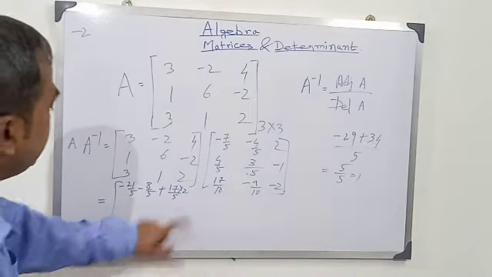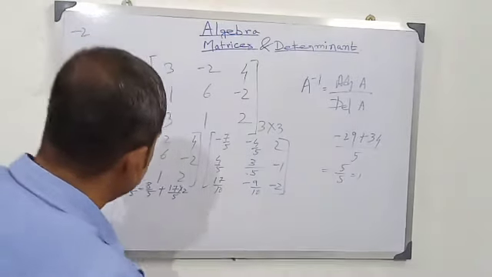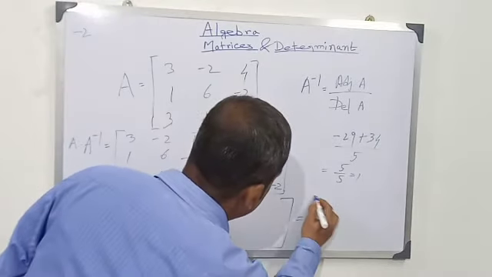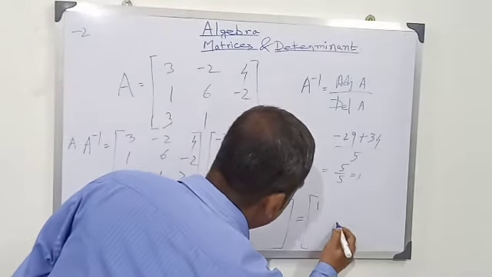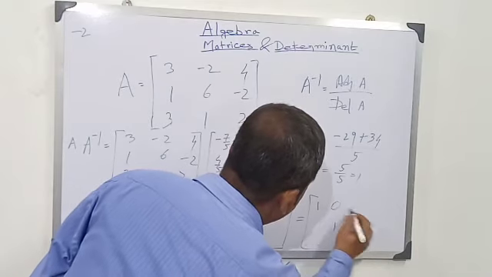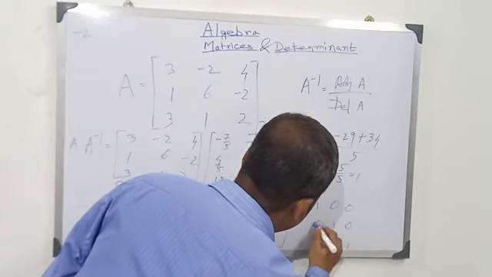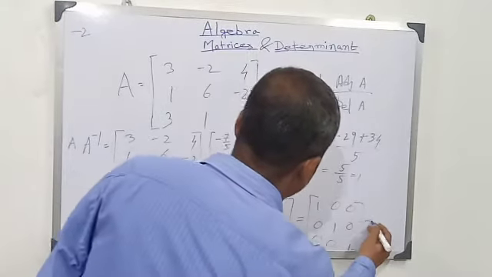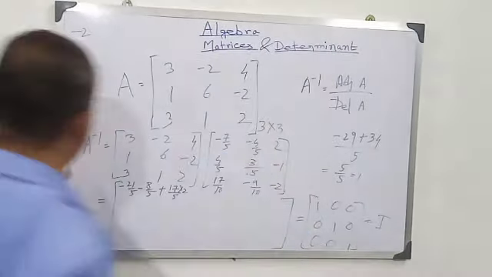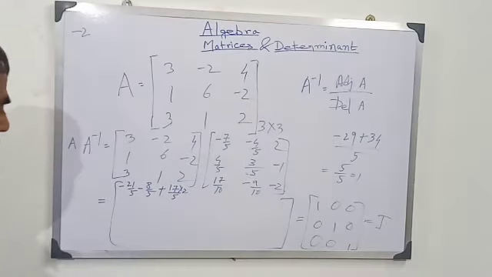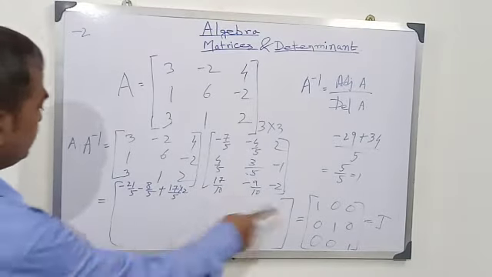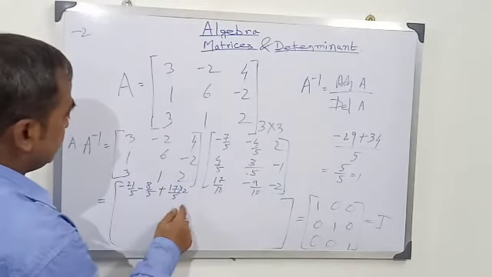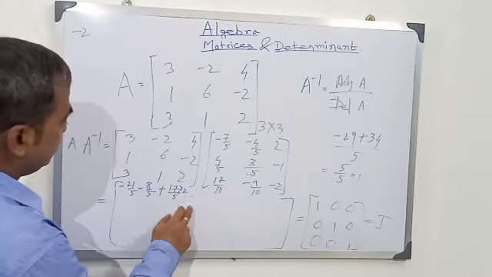Simplifying this, it is 1. Here we will also get 1, 1, and the remaining we will get 0. Then it is correctly found, which is nothing but I, because I have to prove A into A inverse is the I matrix. The result should be this.